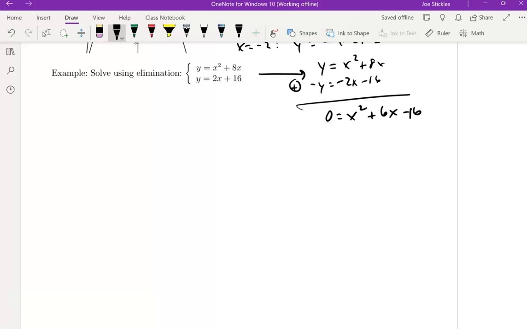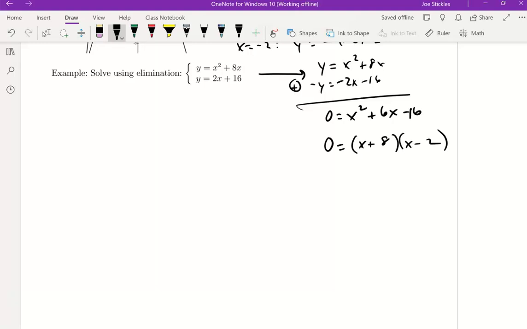So now we want to be able to solve this quadratic that we're left with. What should we do on the right-hand side there? Factor it? How does it factor in this case? x plus 8 and x minus 2.